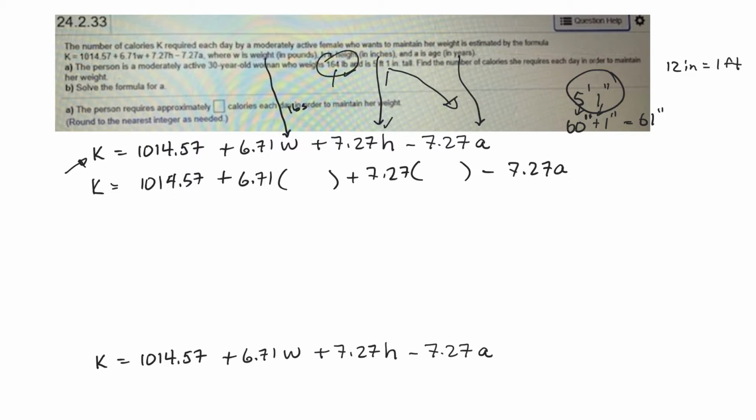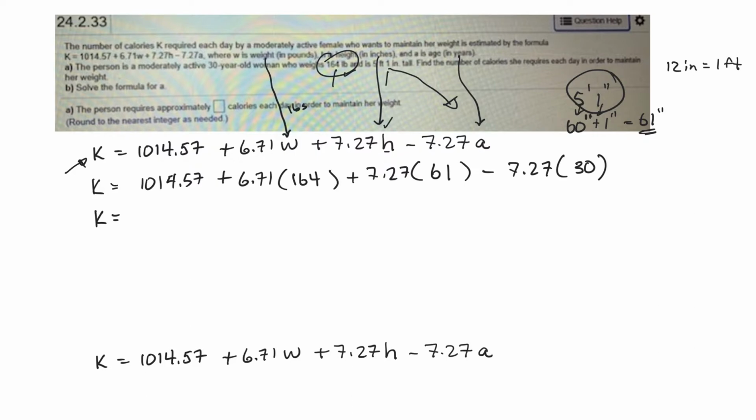Oh, right there, 164. Height, H, 5'1", oh, but that's this one, 61 inches. And she's 30 years old. Oh, I forgot to put a bracket where the A is. I can fix that. And her age is 30 years old. Good. So now all I'll have to do is plug that into my calculator and figure it out.